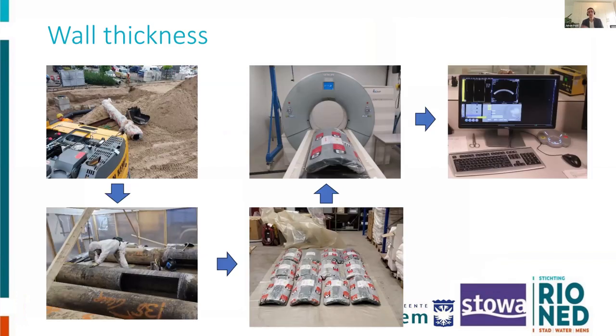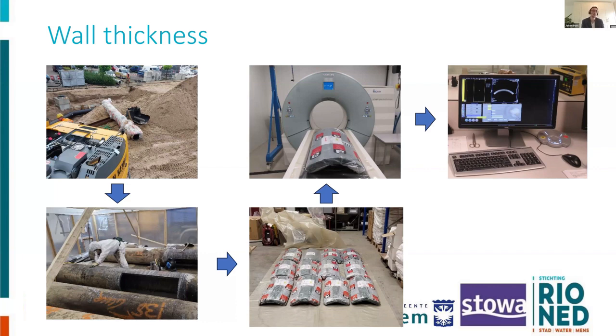But getting the pipes into the CT scan was already quite difficult, because it's asbestos cement. You're not allowed to cut it, and it didn't fit into the CT scan in one piece. You're not allowed to transport it because of regulations, so we had to get an exception from the regulations.